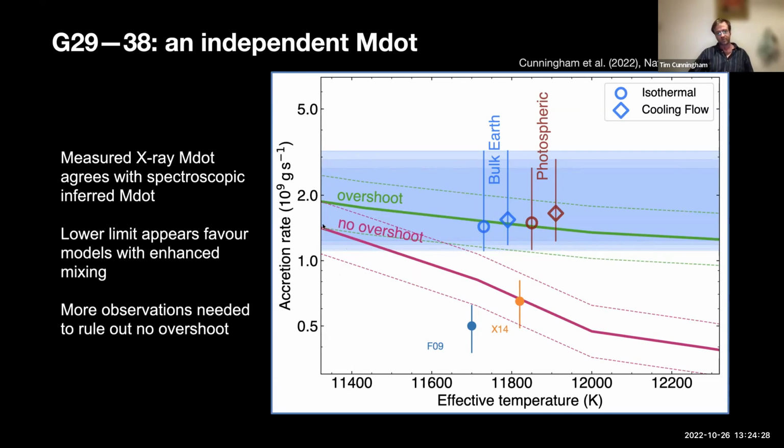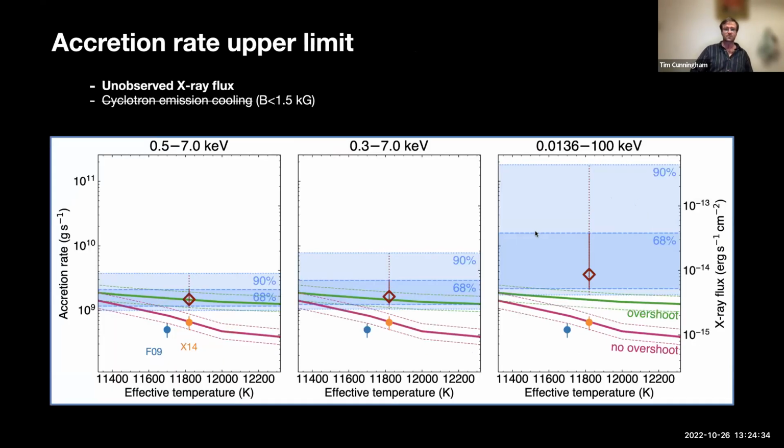But really, this blue band, this measured X-ray accretion rate, should be considered as a lower limit on the accretion rate. This is because we've probably detected the high energy tail of an emission spectrum, and so the main uncertainty is how much of that X-ray luminosity is being carried at other wavelengths.